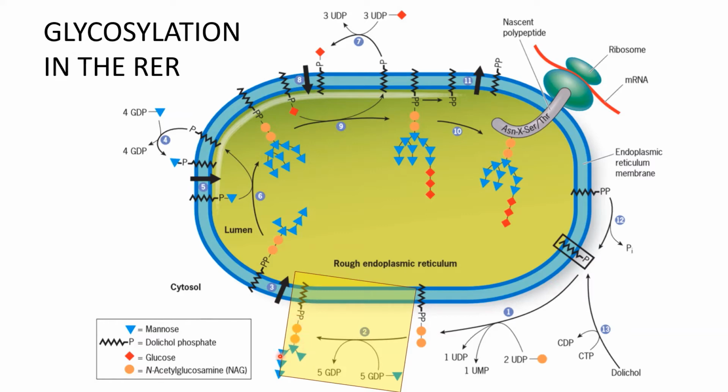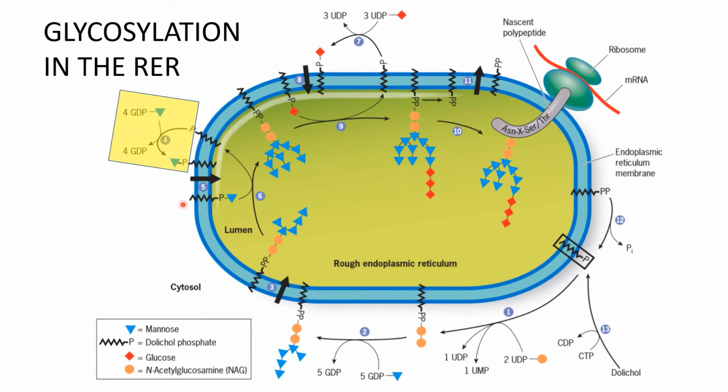So here we can see the 5 mannoses. Okay, and then somewhere here in step number 3, our dolichol phosphate with the NAGs and mannoses are gonna be flipped. It's gonna be flipped so that the sugars, instead of facing outside into the cytosol, are now facing into the rough endoplasmic reticulum lumen, as we see here. Okay, so that's step number 3.